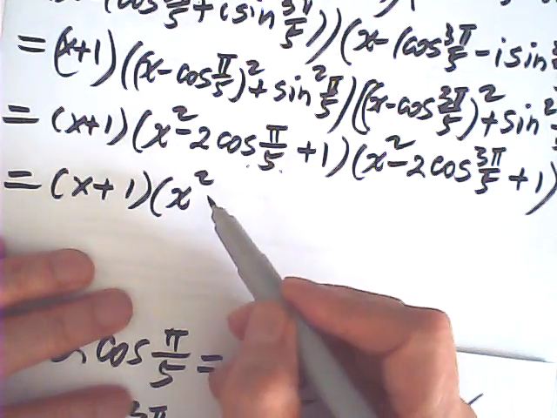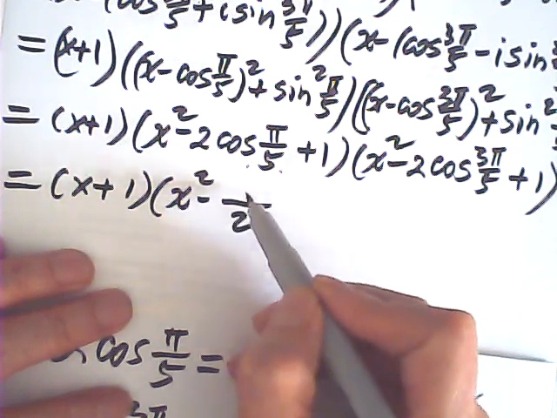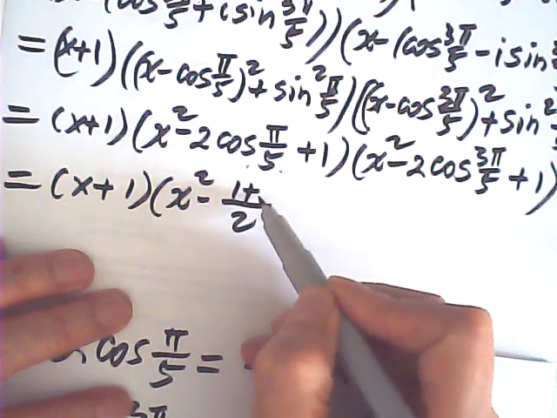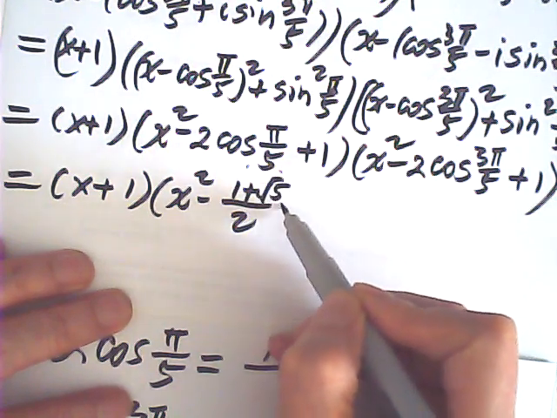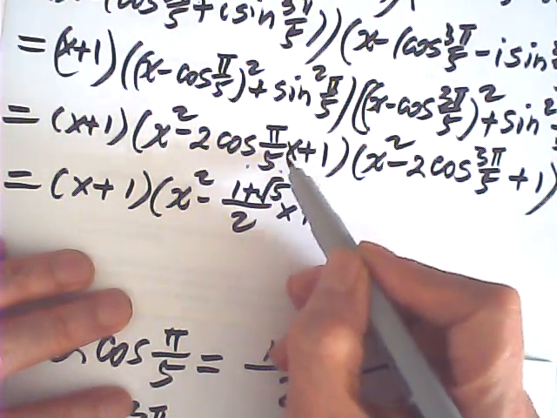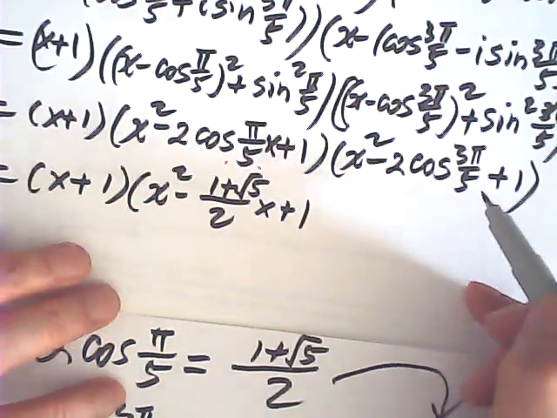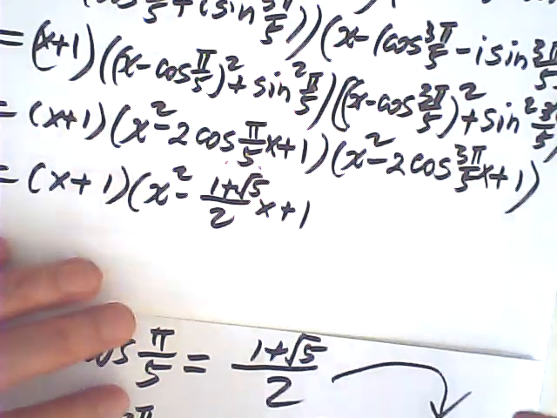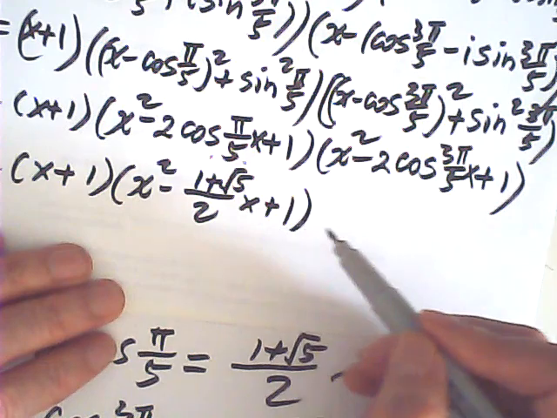This one is golden ratio minus half root 5, x plus 1. I forget x there. Okay.